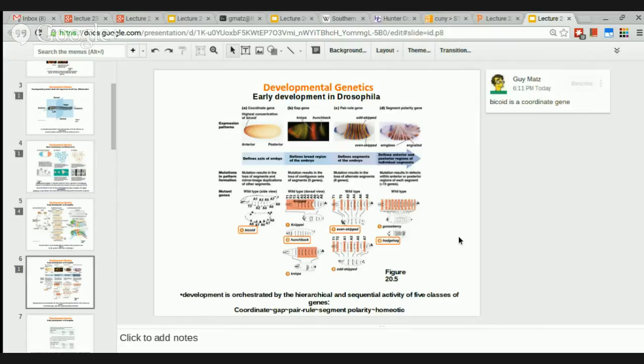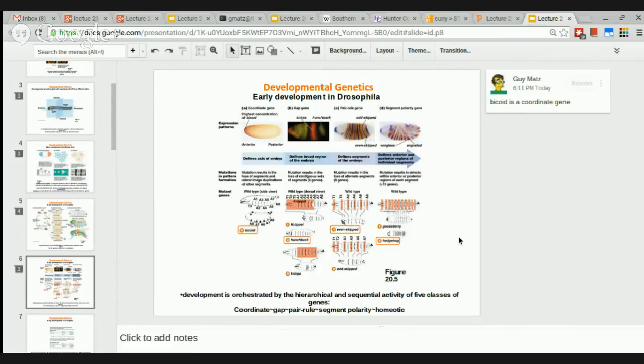Gap genes are activated by coordinate genes, but here, and it's really an amazing thing that's happening, you get a more complex pattern of expression. It's not like all at the head or at the posterior end.